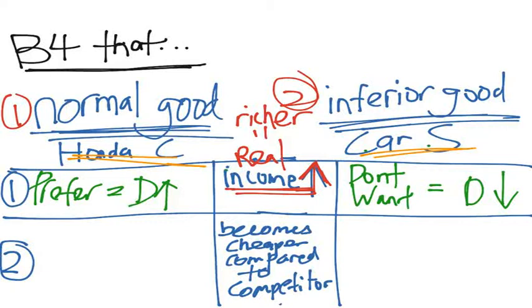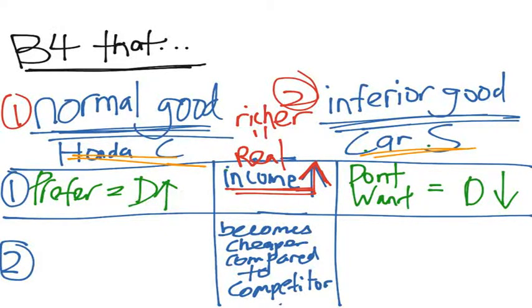Now, the second thing is what happens to consumers' demand when a normal good or an inferior good becomes cheaper compared to competitors. Same thing, now you have Honda City and Car S. If Honda City becomes cheaper compared to other competitors, would you demand more of Honda City?